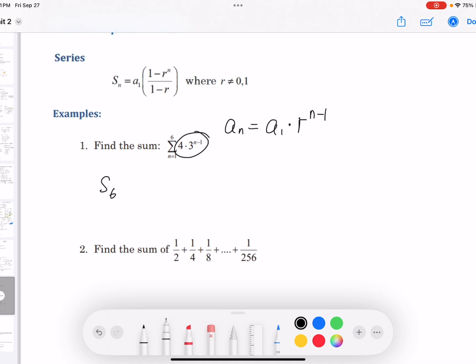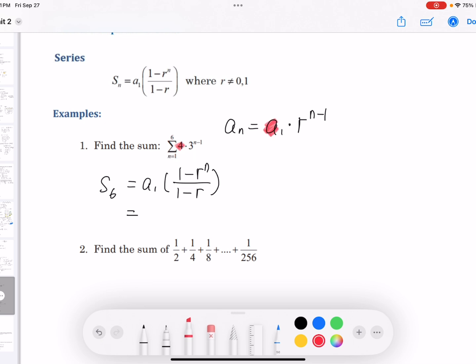Because this series is starting from n equal to 1 to n equal to 6. So S sub 6 is equal to a sub 1 times the top, which is 1 minus r to the nth power, all divided by 1 minus r. So what is a sub 1? A sub 1, let's see, this is 4.